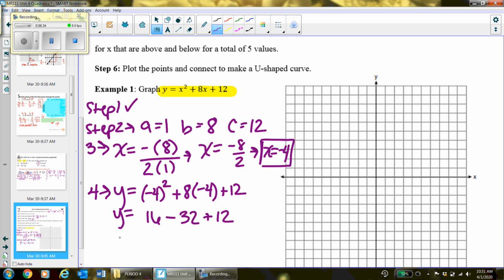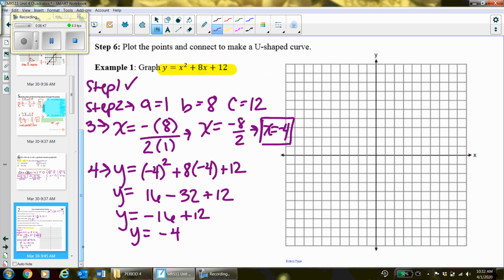I add 12. So y equals 16 minus 32 is negative 16. Bring down that plus 12. Y is equal to negative 4. So my vertex, I'm going to put it over here. My vertex is negative 4, negative 4.